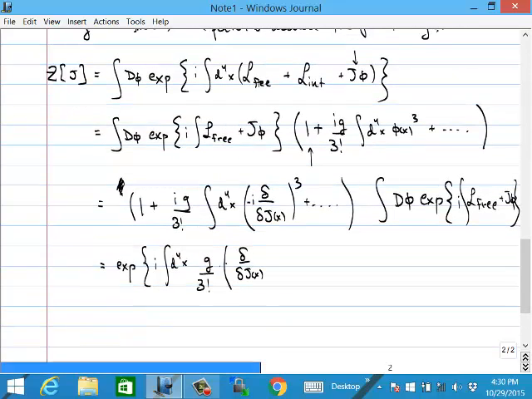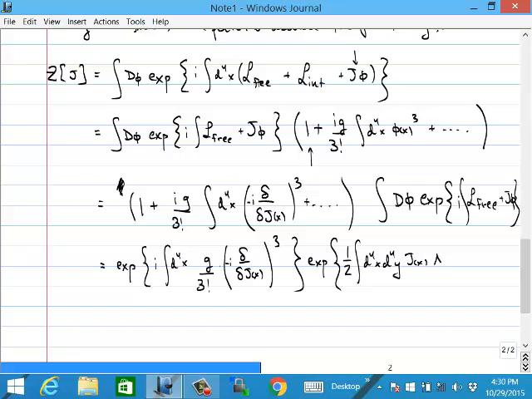So you have a minus i times this variational derivative cubed, and all of that acts on the answer for the free theory. But we already computed the answer for the free theory. What is it? It's the exponential of this guy that involved 2 propagators, of j of x, delta of x minus y, j of y.